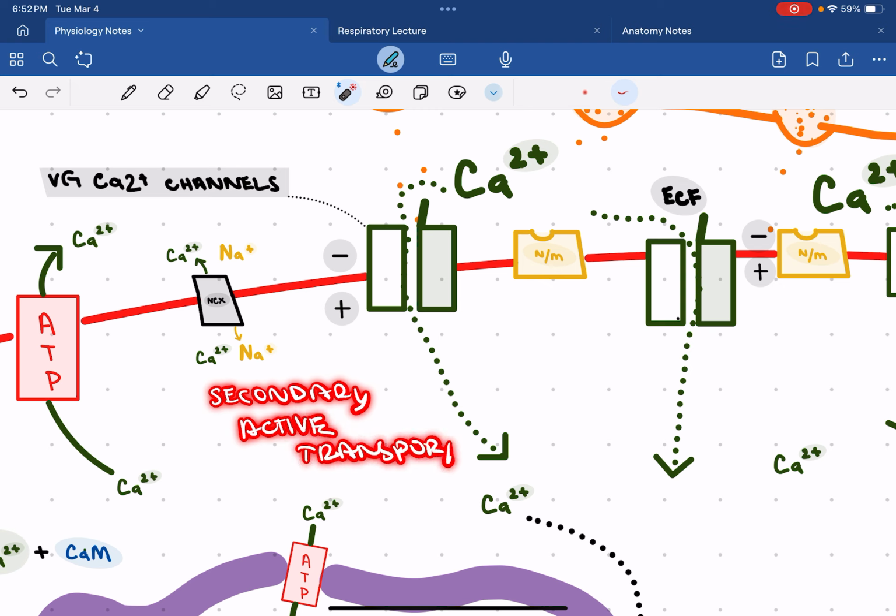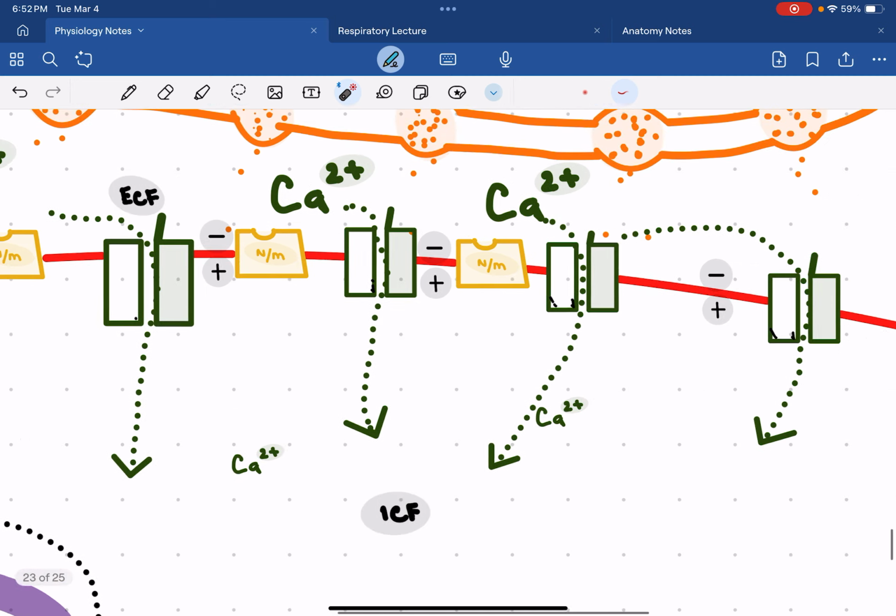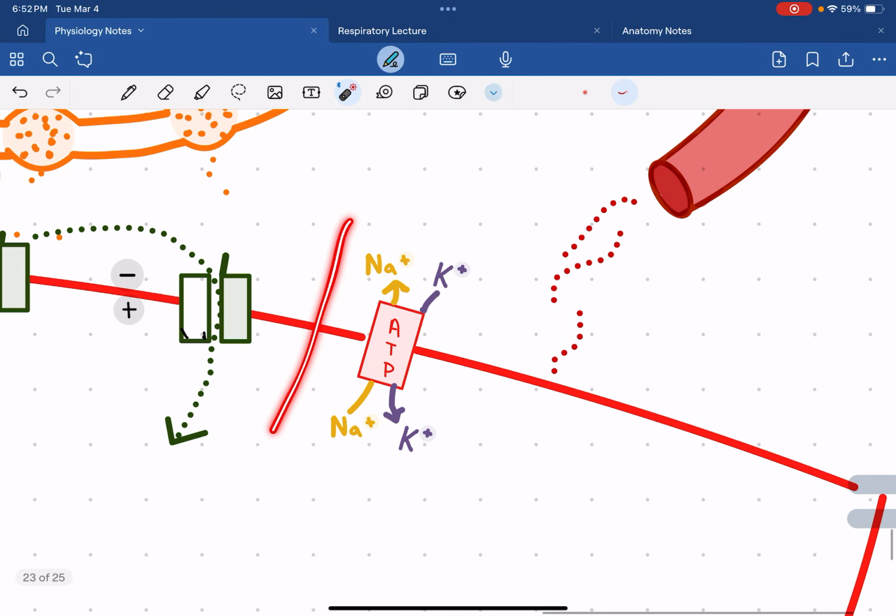The first one we learned was the SGLT, and the SGLT worked only because we have our bestie right here working overtime all the time, creating our natural state of high potassium in the cell, low sodium out of the cell.